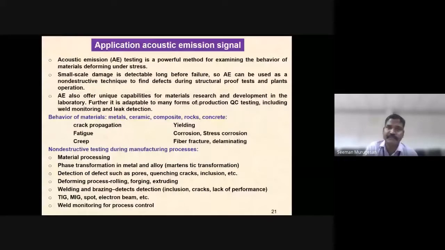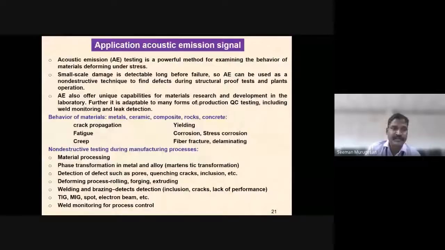So AE can be used as a non-destructive technique to find defects during structural proof testing and plant operation. Acoustic emission also offers unique capabilities for material research and development in the laboratory. Further, it is adaptable for many forms of production quality control testing, including weld testing and leak detection.